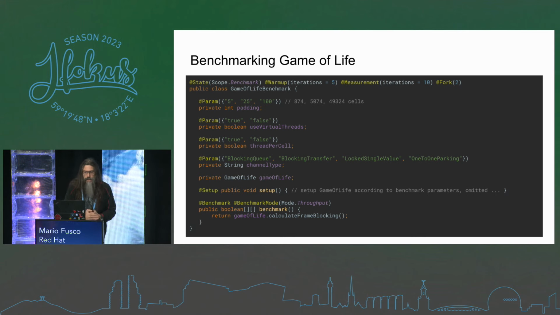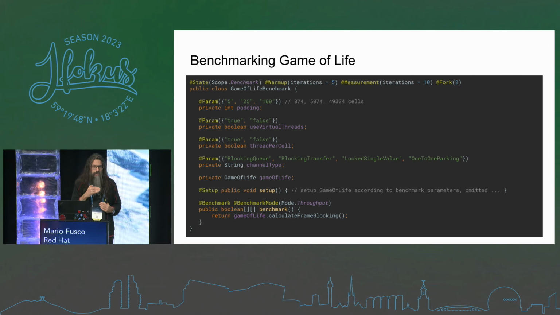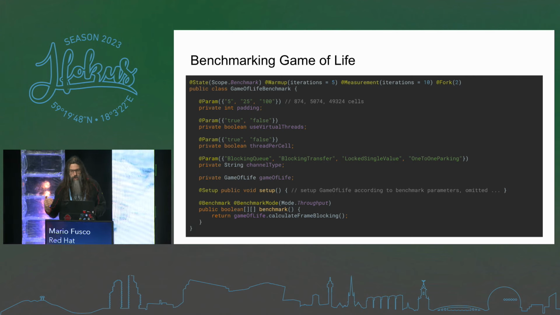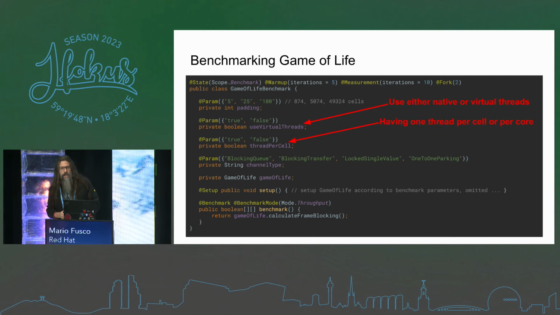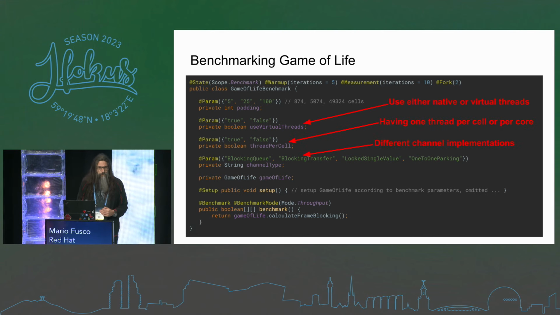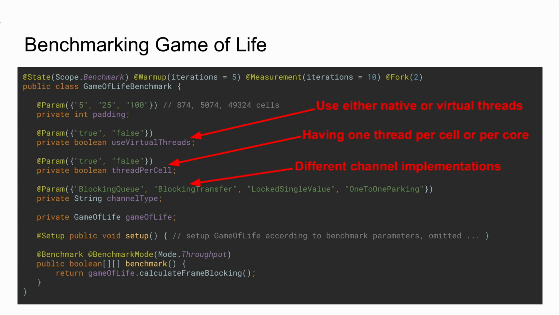And then I added a policy to not only have a thread per cell implementation, but also a thread per core implementation, because I wanted to check the differences. And I added a few different implementations of the communication channel that we saw before.